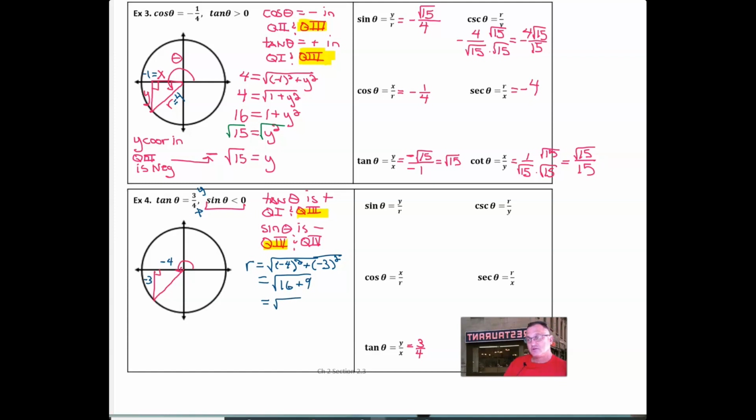So that equals 25, and the square root of 25 is 5. Now, the radiuses are always positive. You can't have a negative length for a radius.